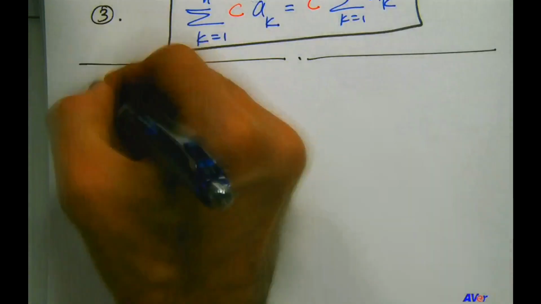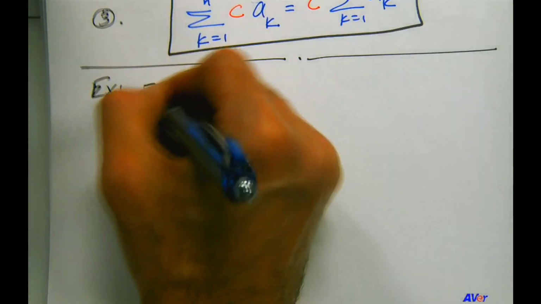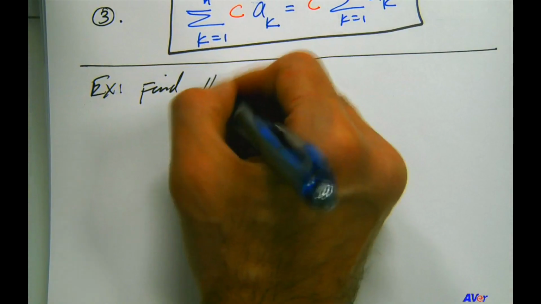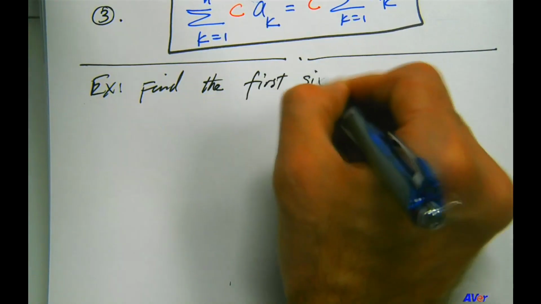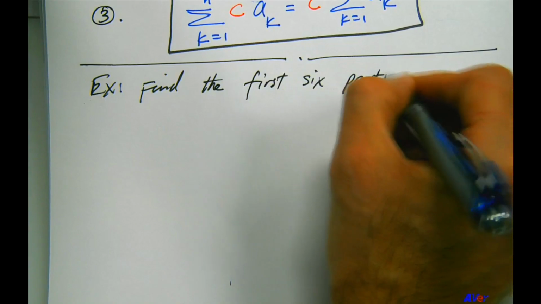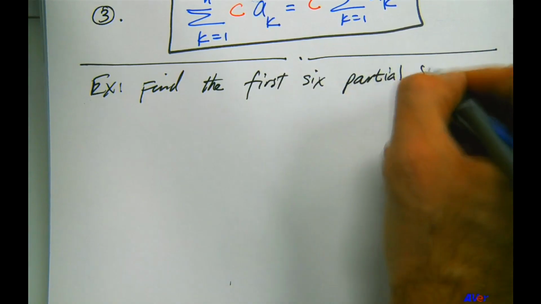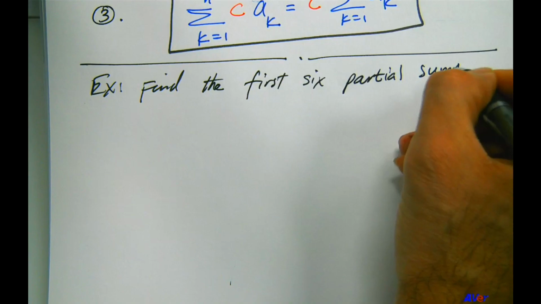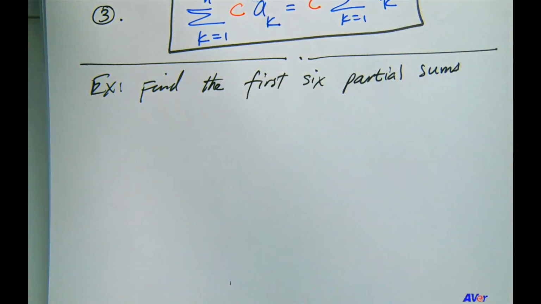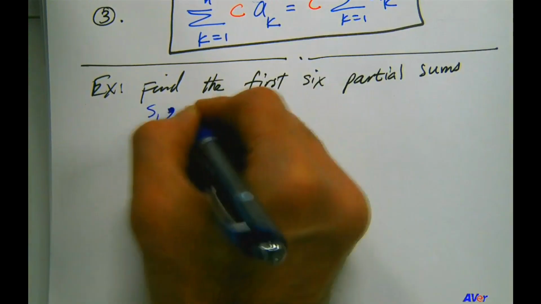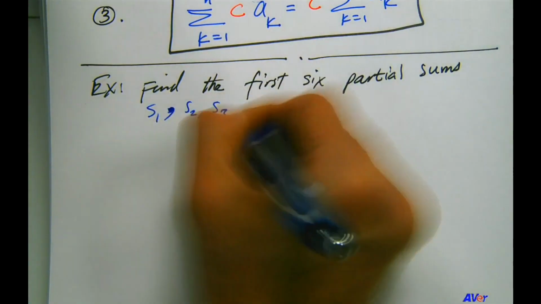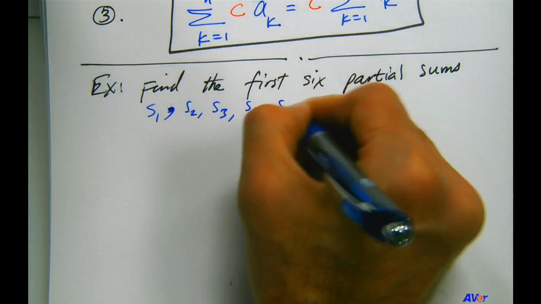So here we want to find the first six partial sums, S1, S2, S3, S4, S5, S6.